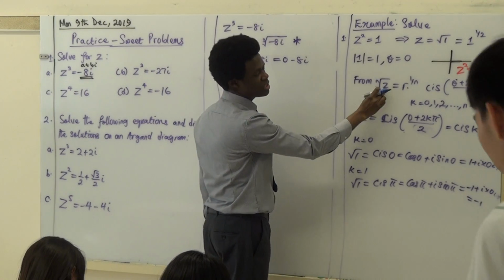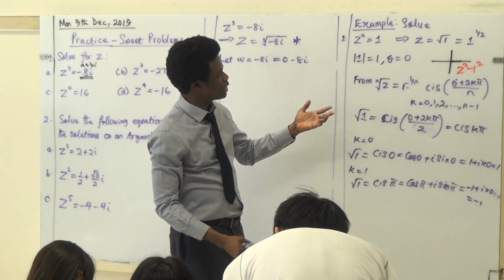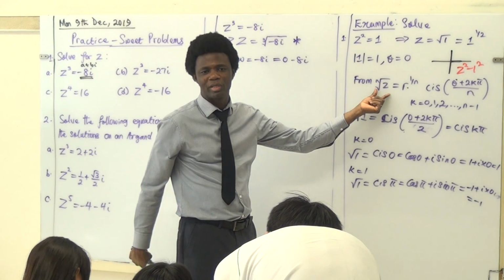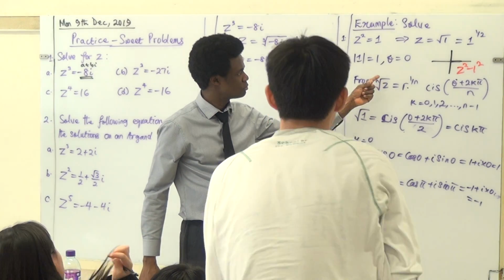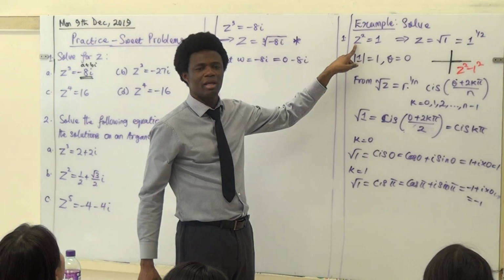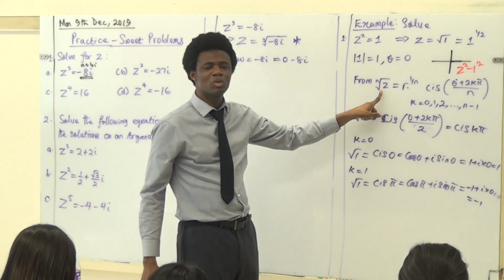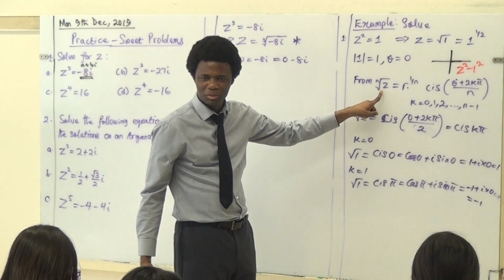I think a lot of people are having this misconception because Z is the variable in the question, and in the formula also, Z is the variable. I think that's what is confusing most of you.